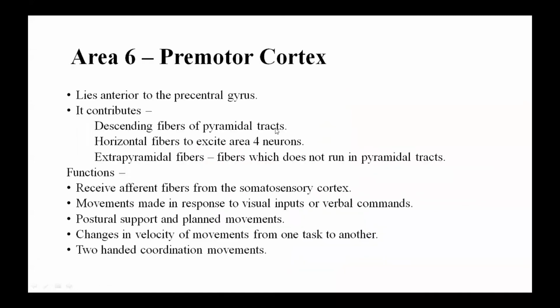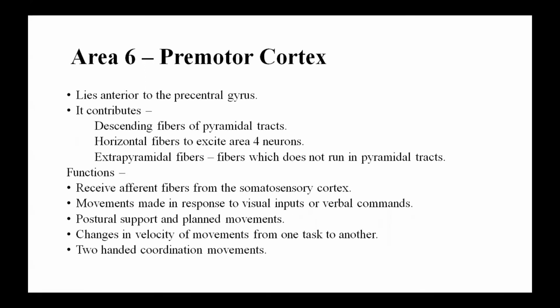It contributes descending fibers to the pyramidal tract, and it also gives rise to horizontal fibers to area 4, and in addition extrapyramidal fibers which do not run in the pyramidal tract. So this contributes descending fibers of the pyramidal tract, horizontal fibers to area 4, and extrapyramidal fibers.